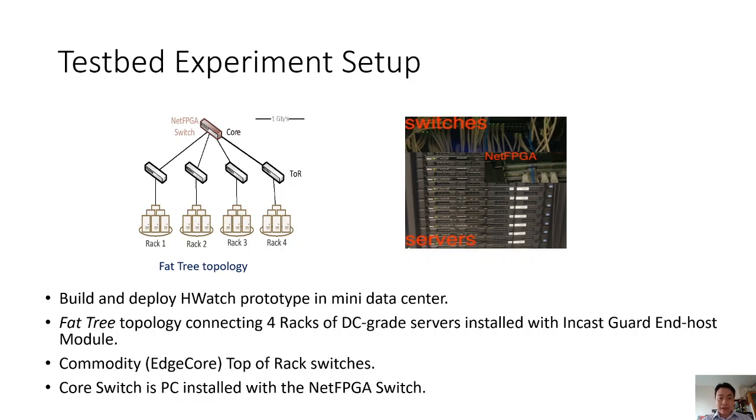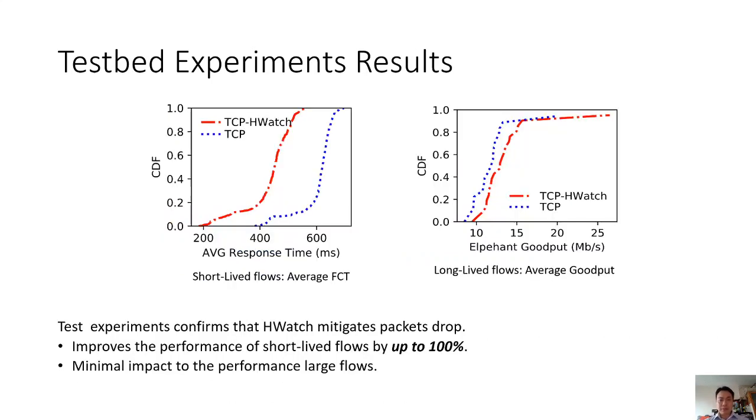In our data center, we have a fat-tree topology mounted with a 4x grid of servers, and we use Edge-Core commodity switches as our top-of-rack switches, and our core switch is a PC installed with a NetFPGA switch. Similar to the previous experiment, we have average flow completion time for short-lived flows and average goodput for long-lived flows as our performance metrics.